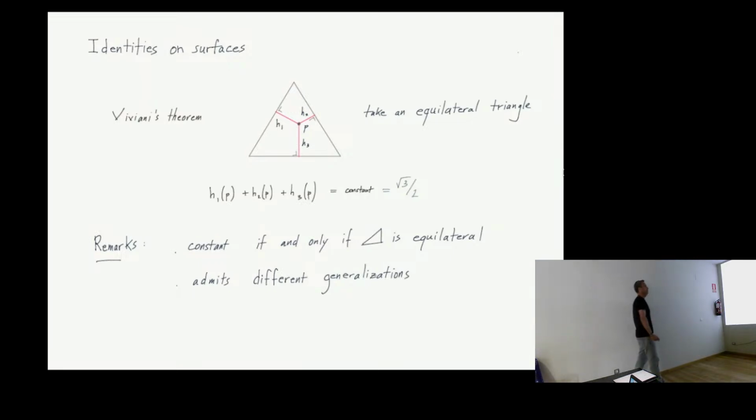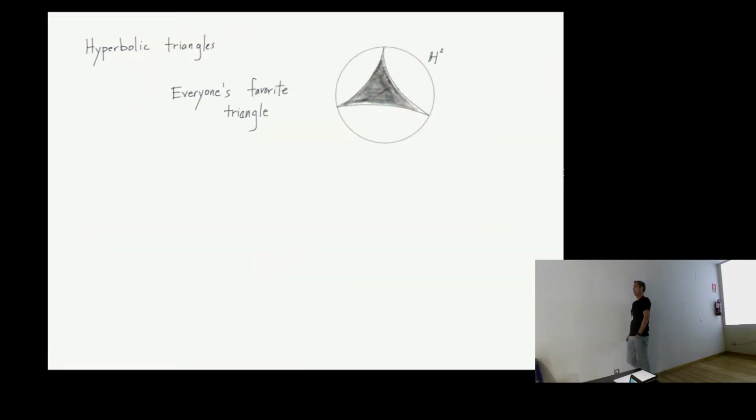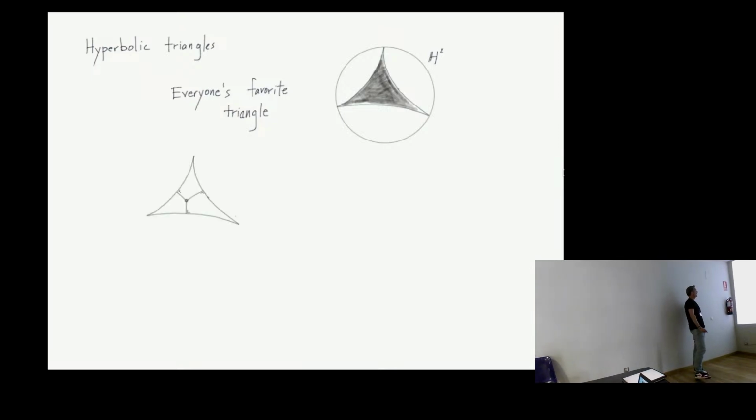But one thing you could do, because of the audience here, and because we care about hyperbolic geometry, is, why don't we look at hyperbolic triangles? And here's everyone's favorite triangle, because, frankly, it's ideal. So we look at this one, and you can do the same thing.